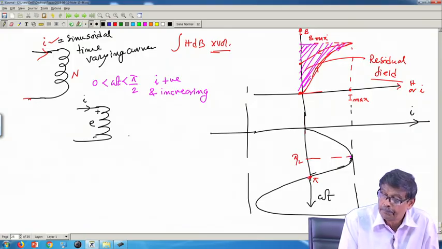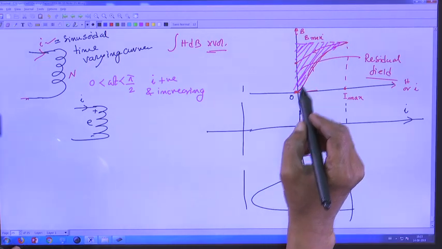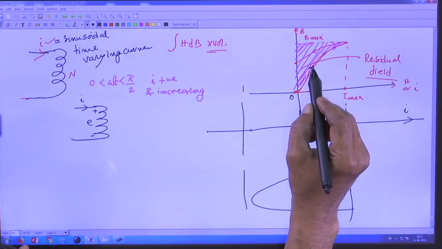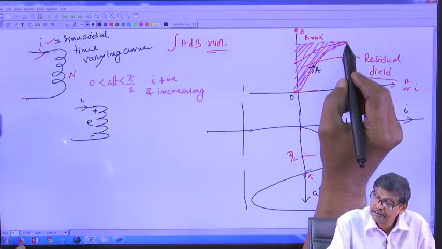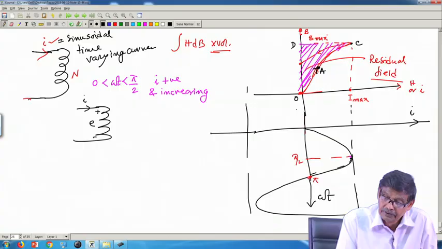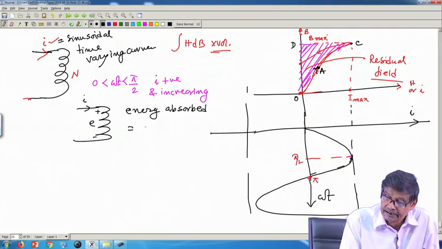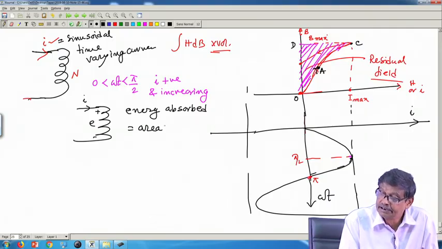So, it was absorbing power, and what is the amount of power that it has absorbed? If I give them names, this point, suppose I call it A, this point is C, this point is D and O. So, I will say energy absorbed during this interval is the area, which area?